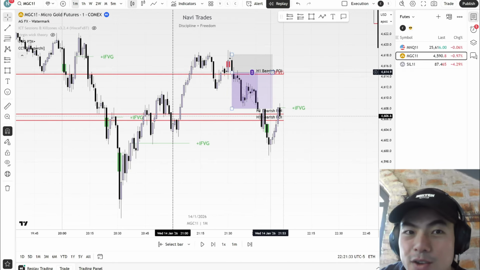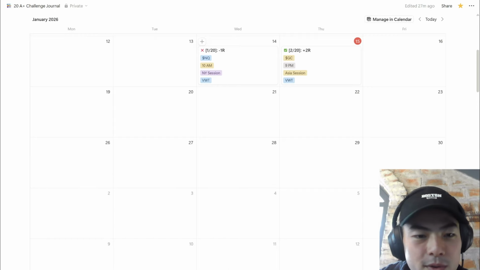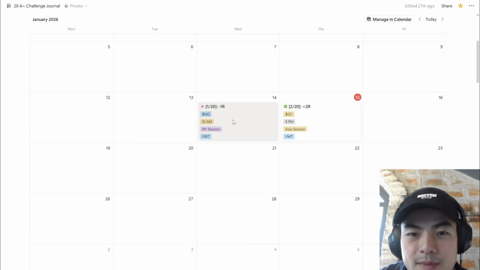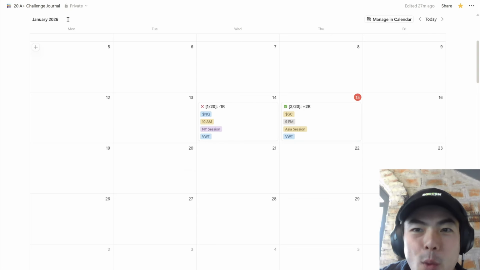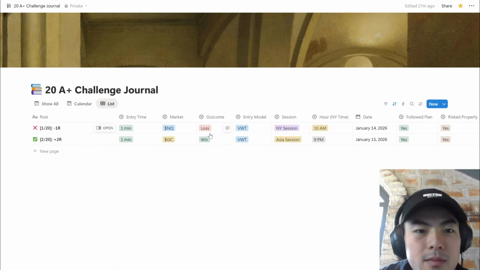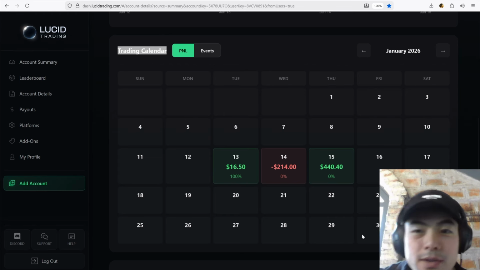So that was my second trade of the challenge. So here is how we're looking for the challenge now. 1 win, 1 loss. So up 1R so far at the moment. Here's how it looks. And then here is how it looks in Lucid.